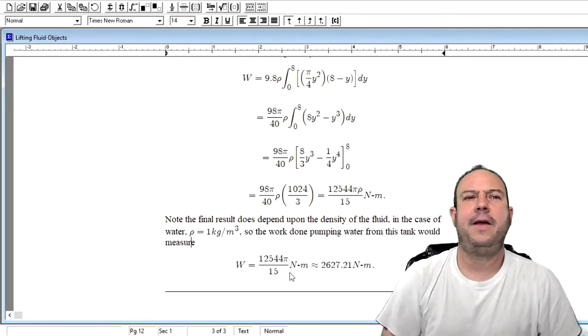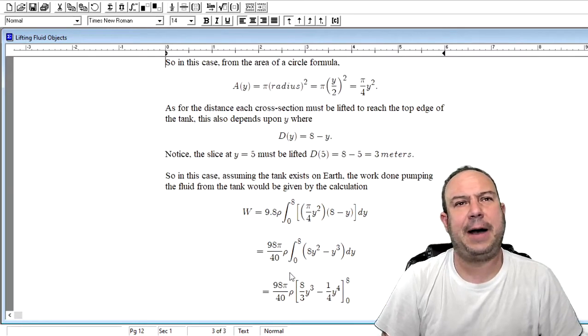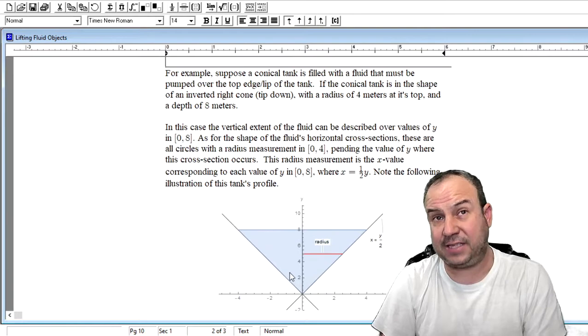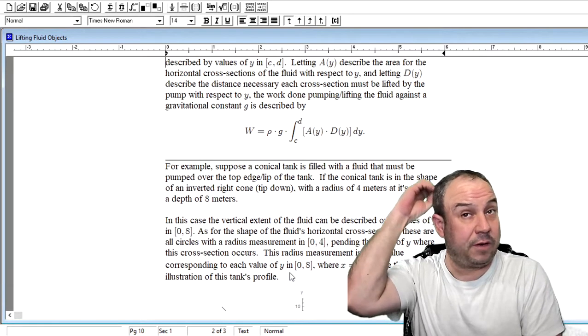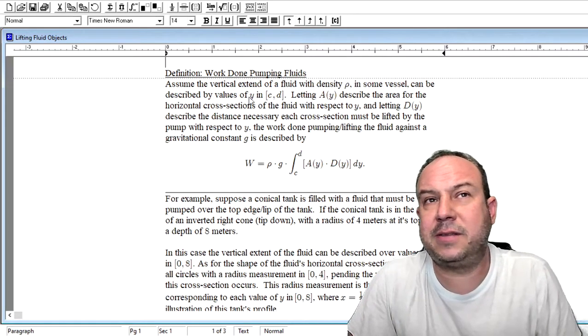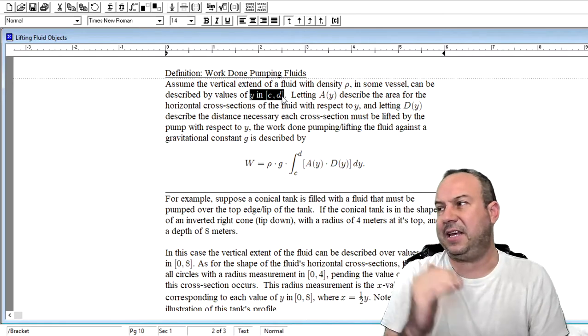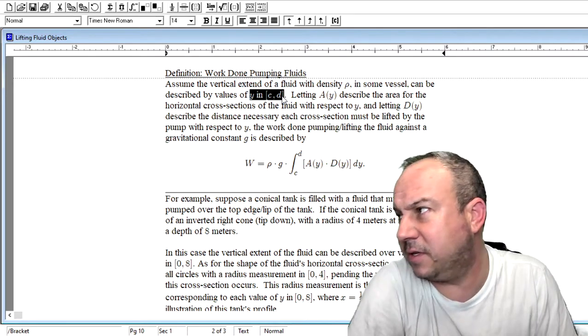All right, folks, this is lifting fluid objects. This is the specific case of pumping a fluid from a tank. To approach that problem, you're going to subdivide your vertical extent of the fluid from C to D into n subintervals.